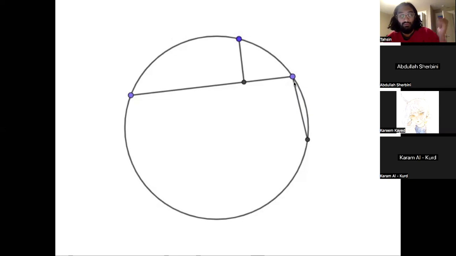Okay, so were you able to open the document? So this is problem 18 on the one I just sent.